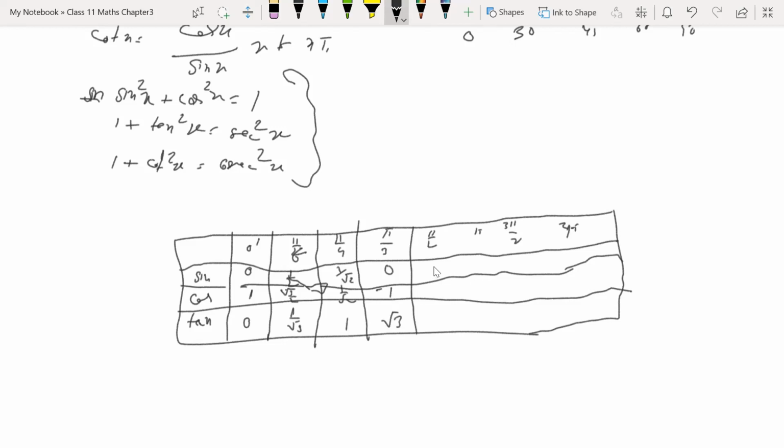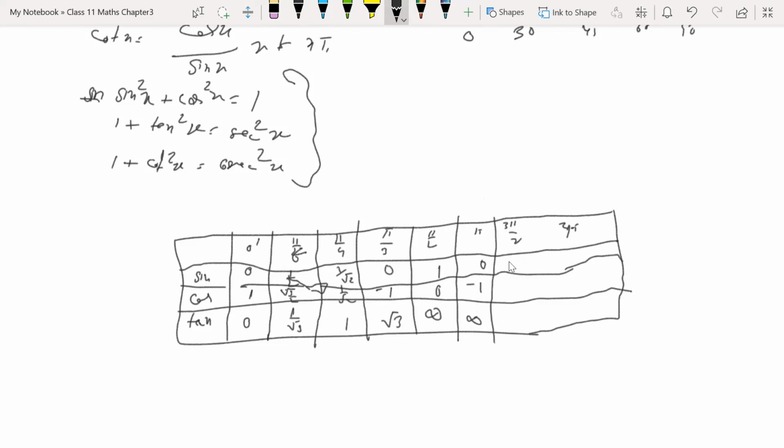At 90 degree, sine is 1, cos is 0, and tangent is not defined. At 180, sine is 0, cos is -1 because of its quadrant, and tangent is 0. At 3 pi/2, in the third quadrant, sine is -1, cos is 0, and tangent is not defined.